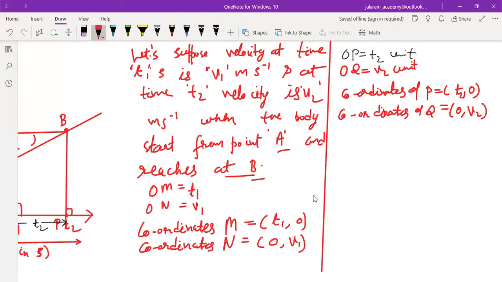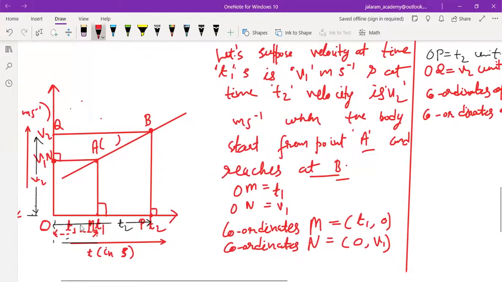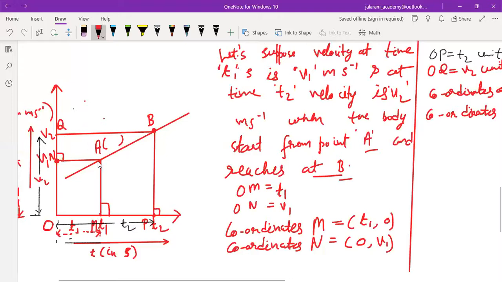And finally, on combining the coordinates of M and N, we reach A. A is the point of intersection of AM and AN. The distance of point A along x-axis is T1 unit, so coordinates of A will be T1 comma V1.